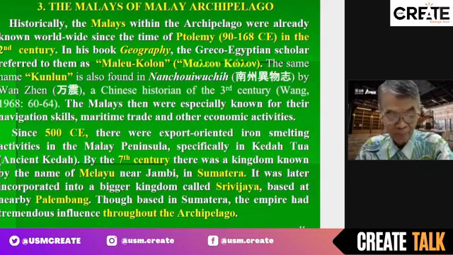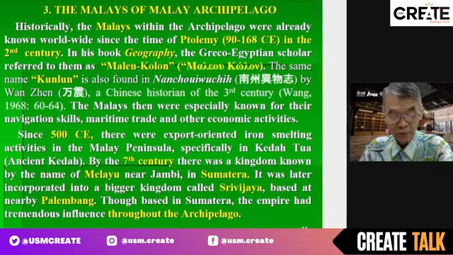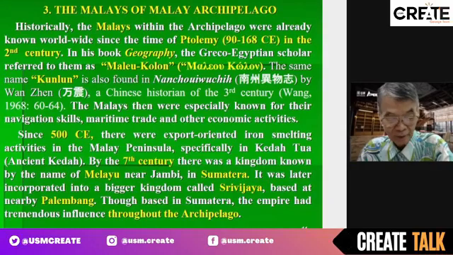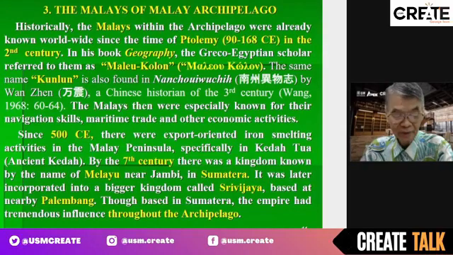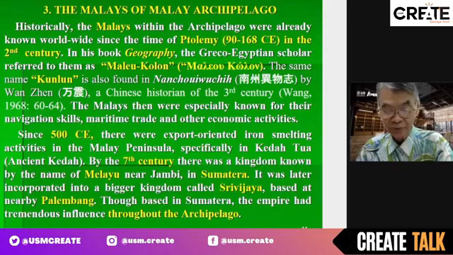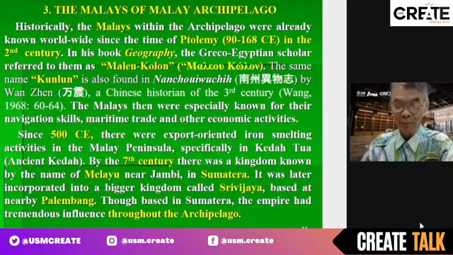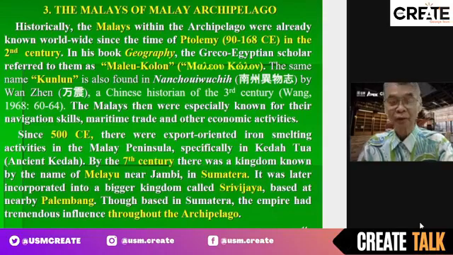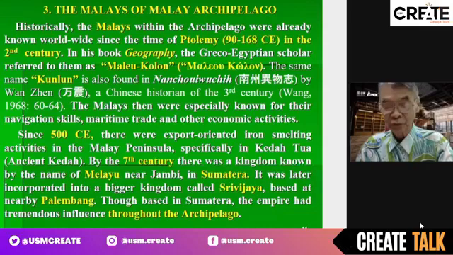Interestingly, the same name, yeah, Kunlun, is also found in a Chinese history text written by one Zhen, a Chinese historian of the 3rd century. So if Ptolemy came from the 2nd century, now you have a support coming from a Chinese historian from the 3rd century. This is described by my own former professor, Wong Gungwu, in his book in 1968.